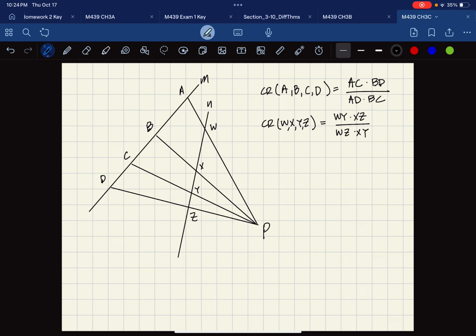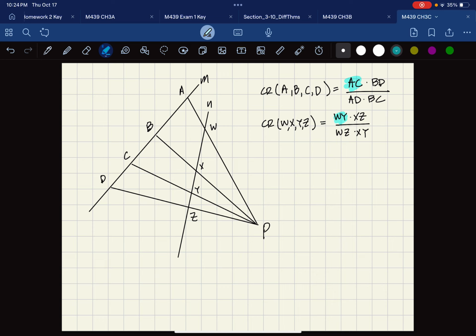And I guess the thing that jumps off the page for me is the fact that, if we take a look at the first one, I'm going to use some highlighters here. I can see that AC seems to be corresponding to WY.